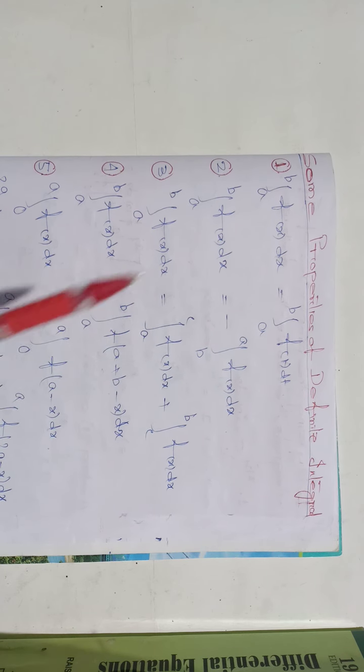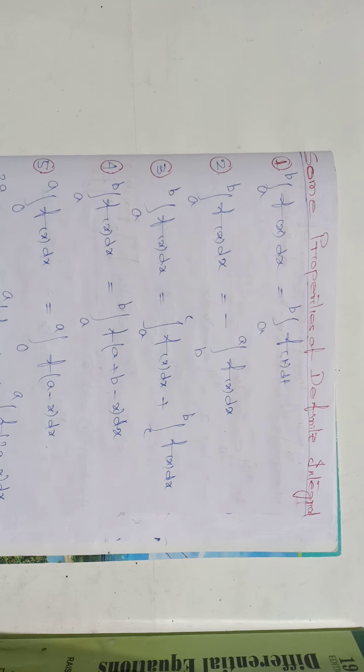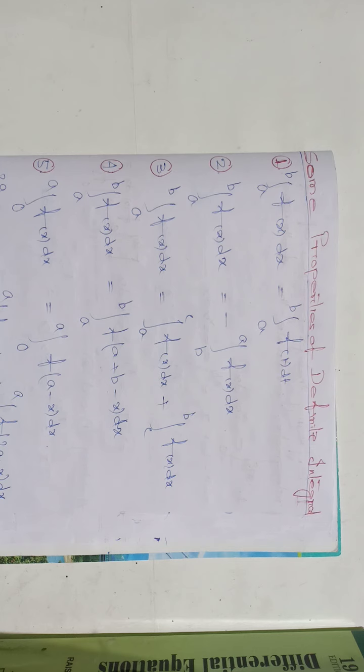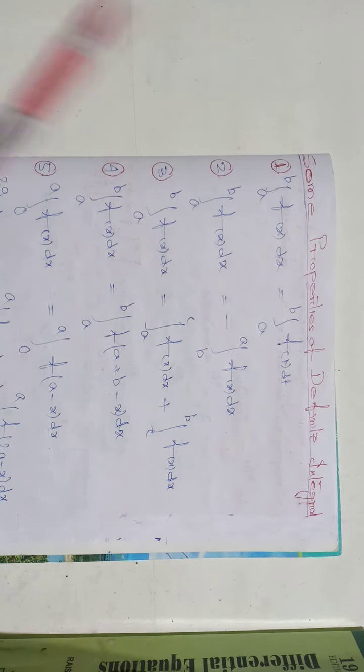For example, if a linear equation is 2x plus 1 and the limit is 1 to 4, we can express this as 2t plus 1 and the limit is the same. So students, in this way we can use this type of property.